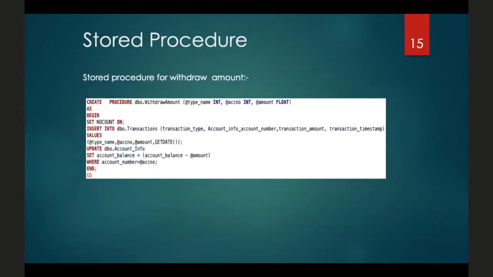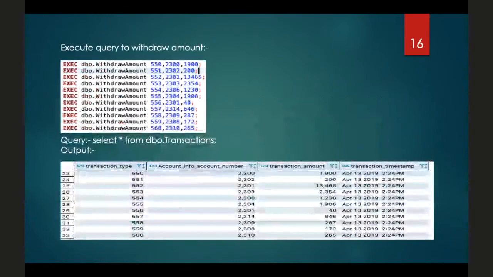So let's go to withdraw amount. Here you have to deduct whatever amount you are withdrawing from your account balance. That is noted down here. Let's take the example of 2300 again. You are withdrawing 1900, and a transaction is noted in the transactions table.